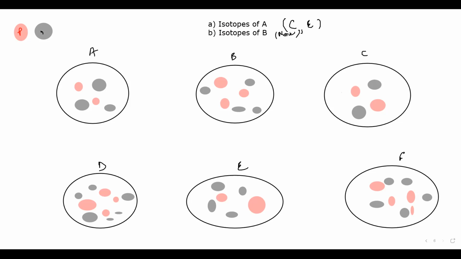A and E will be there. And isotope of D. So the isotope of D is F.